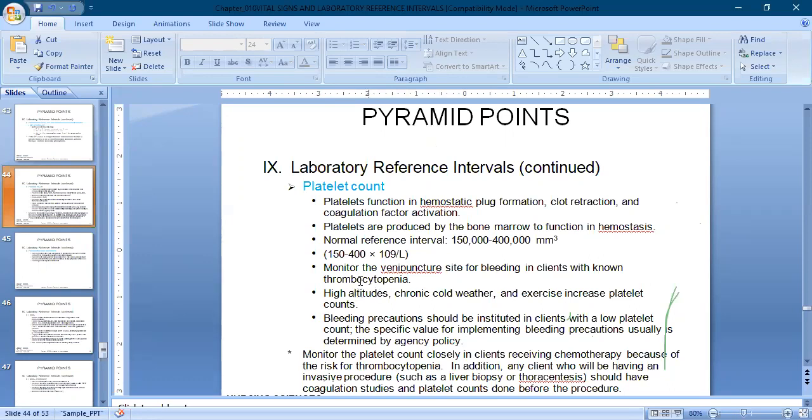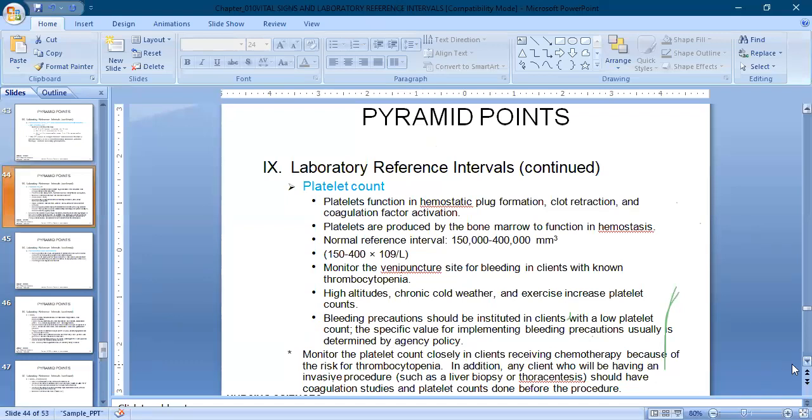High altitude, chronic cold weather, or exercise increase the platelet count, and bleeding precautions should be instituted in the client with a low platelet count. Specific values for implementing bleeding precautions are usually determined by agency policy.